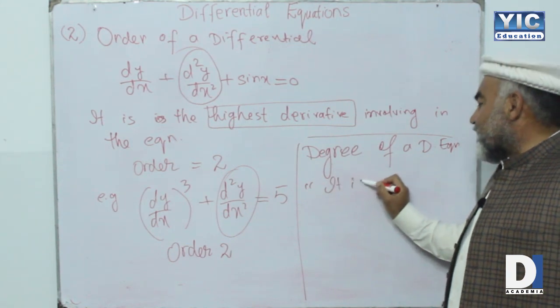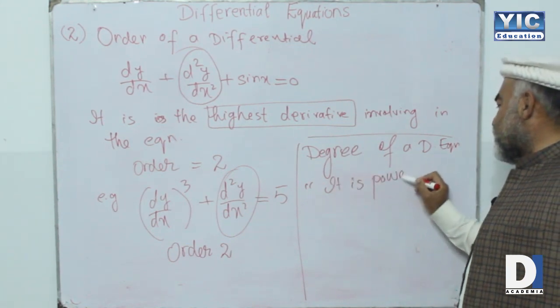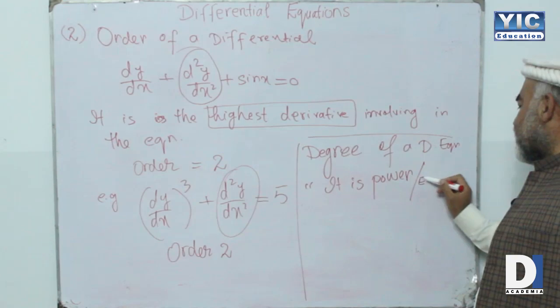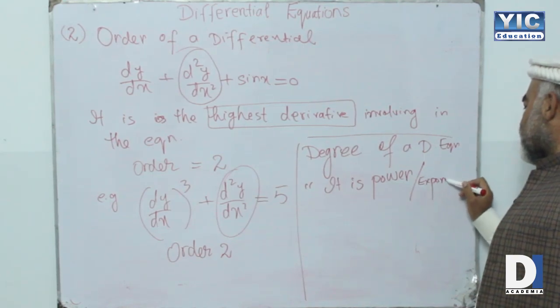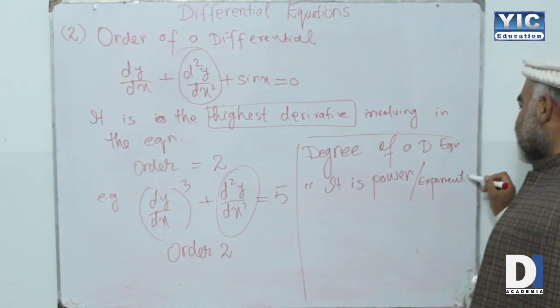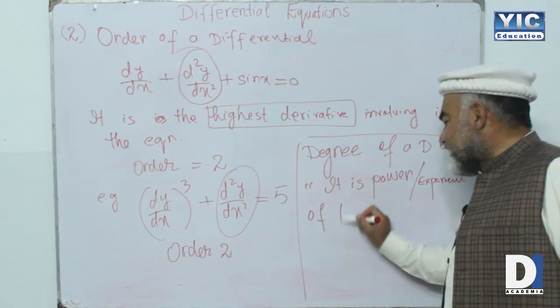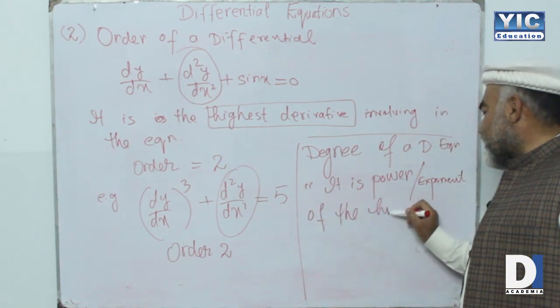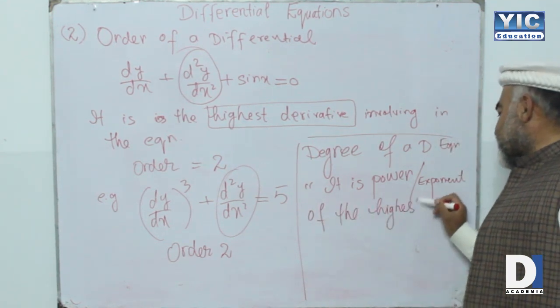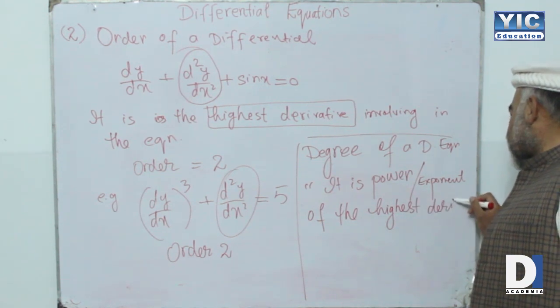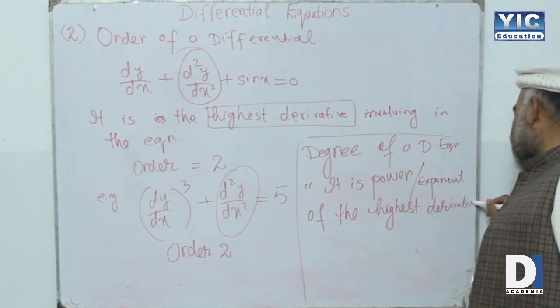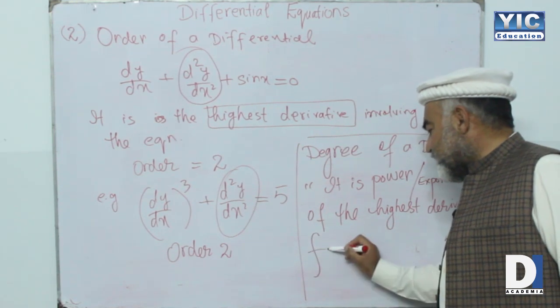It is the power or exponent of the highest derivative, free from radicals. This is very important.